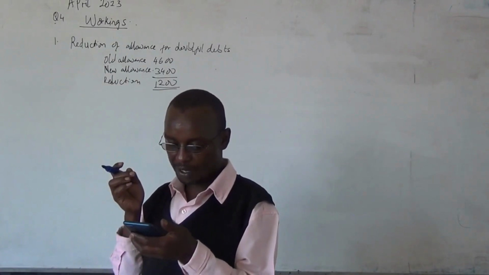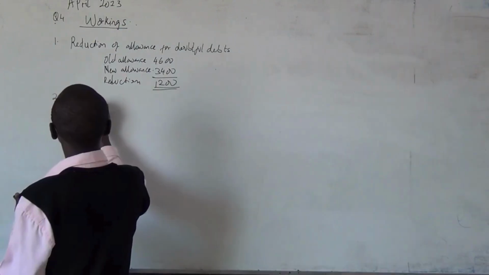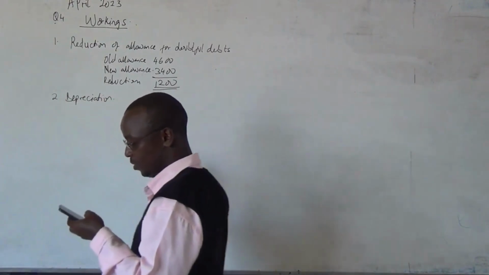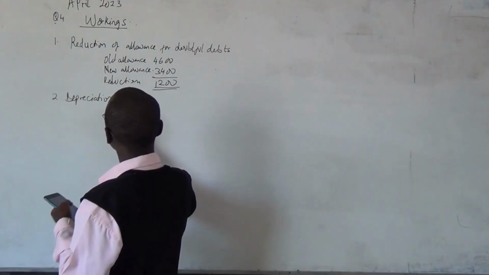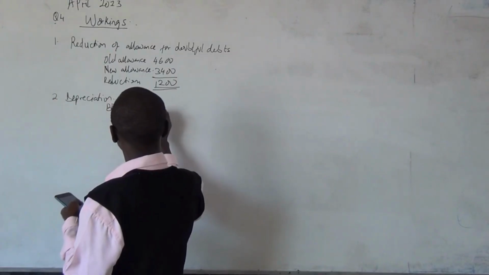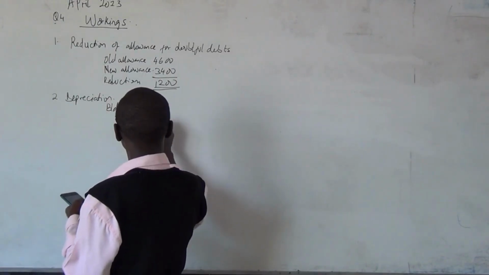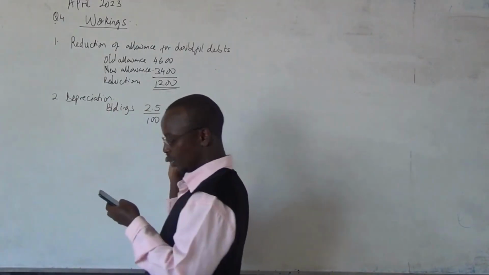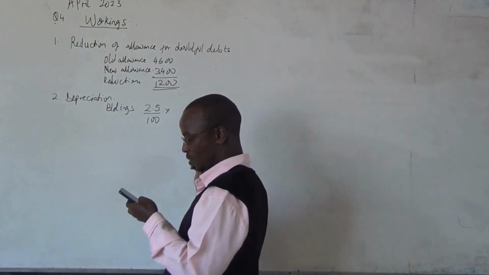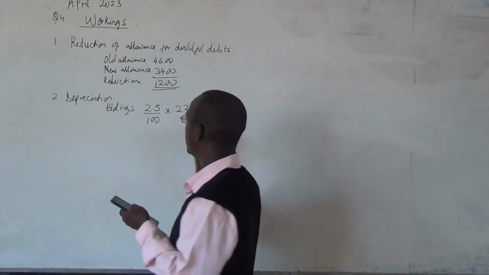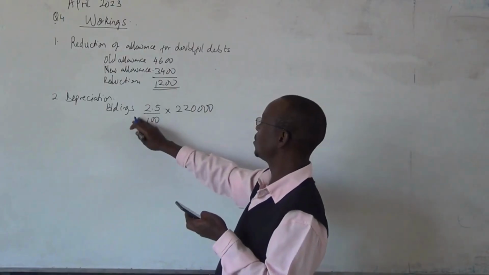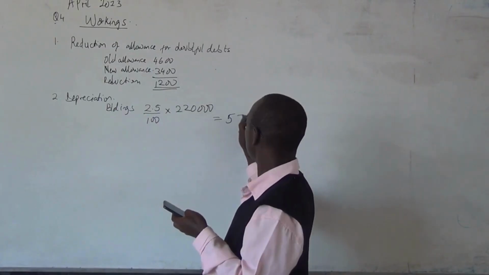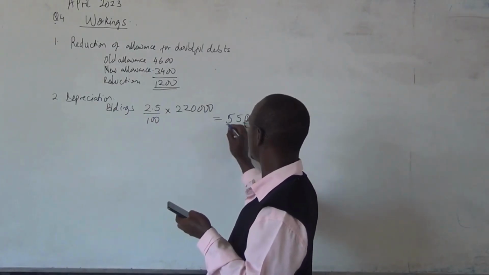Then you can now have depreciation. Depreciation is to be provided as follows. Buildings, it's 2.5% of the amount in the trial balance, which is the net book value. So 2.5% times the net book value, you get 5,500.